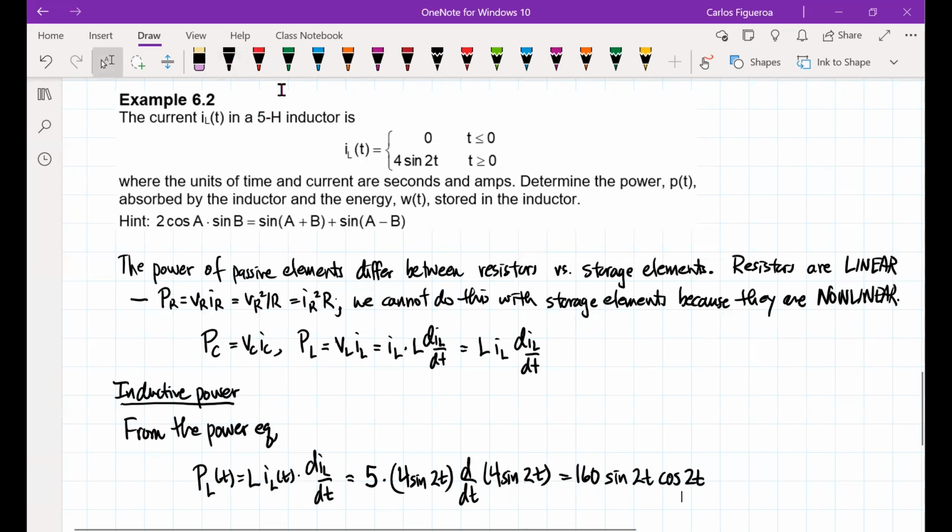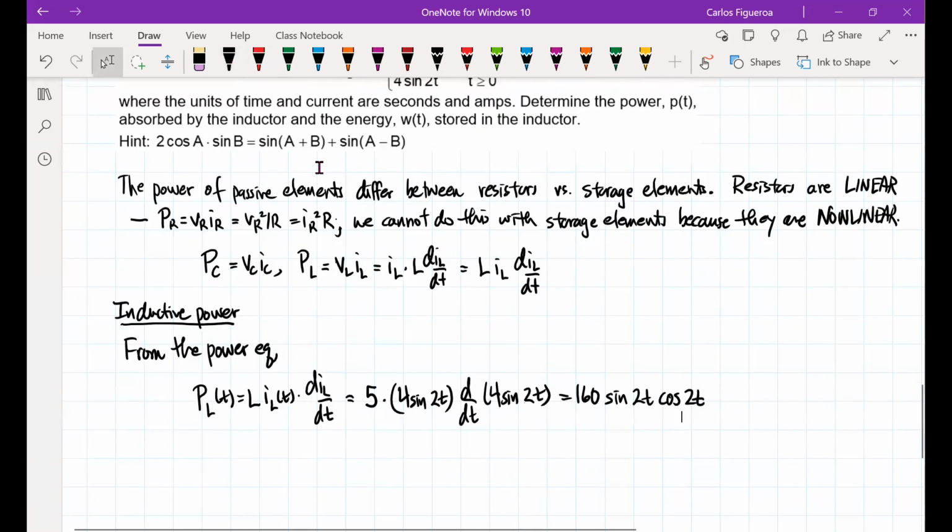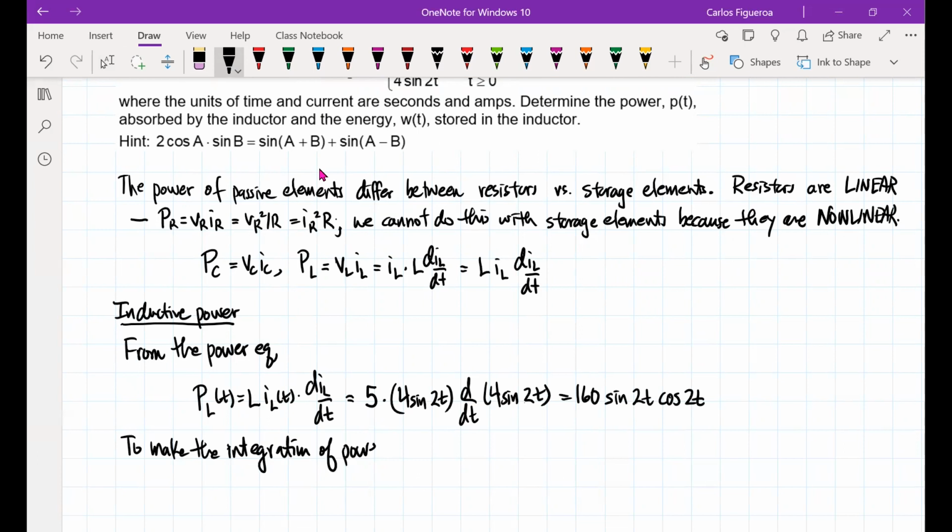So here's where we want to use the hint, because to make the integration of power easier, use the given trig identity.